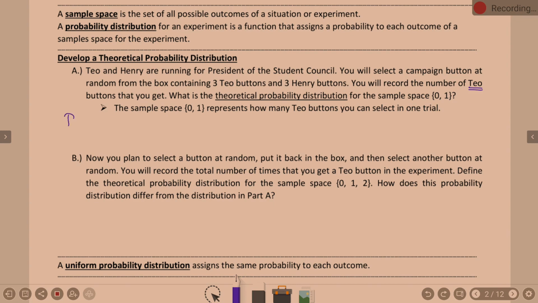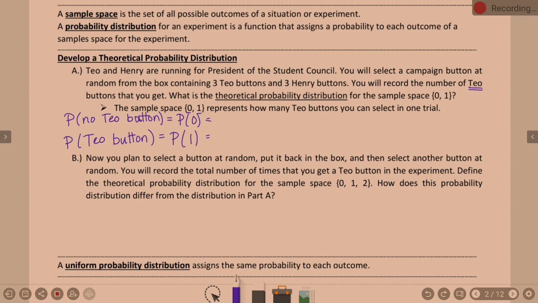So you have to understand, when they're saying 0 and 1, they're indicating that the probability of not getting a Tio button, so I'm going to put no Tio button, is what we're talking about with probability of 0. And the probability of getting a Tio button is P of 1.